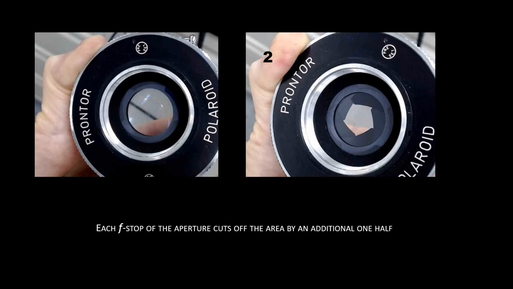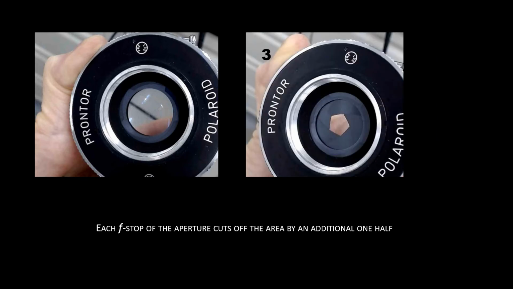So the light can only pass through 1/2 of the original. If I go another stop, I reduce it by 1/2 again. So I'm decreasing the amount of light that can pass through the lens by 1/2 every time I click my diaphragm closed.